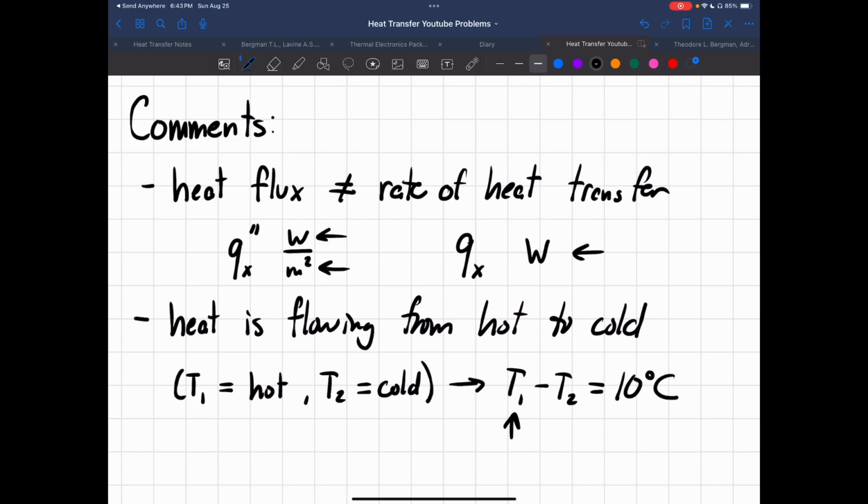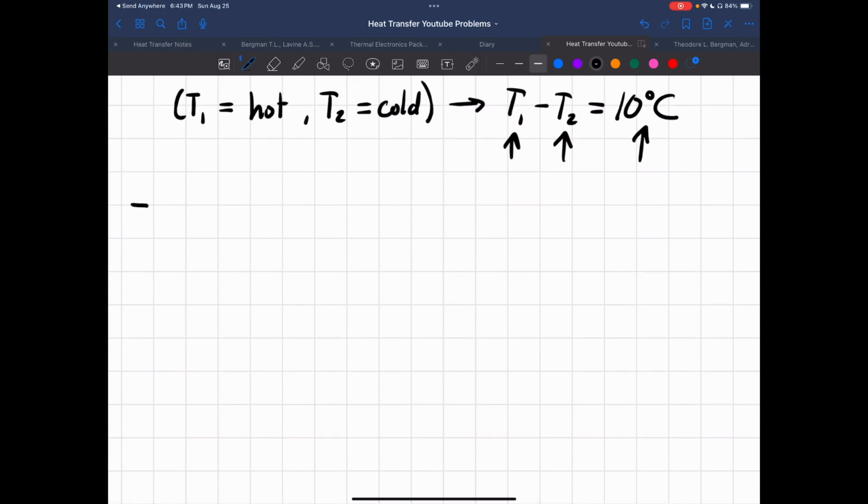So this one has to be bigger than this one in order for this one to be a positive number. And finally, we will just note what I talked about earlier, that a temperature difference can be expressed in either degrees Celsius or in Kelvin. And either one is fine. And that's all.